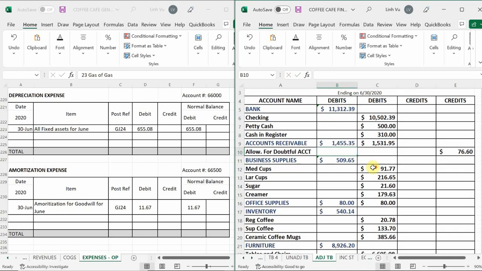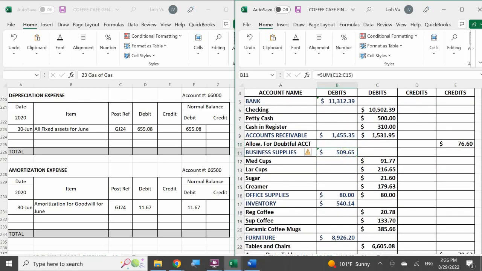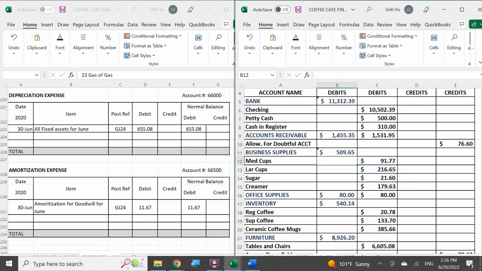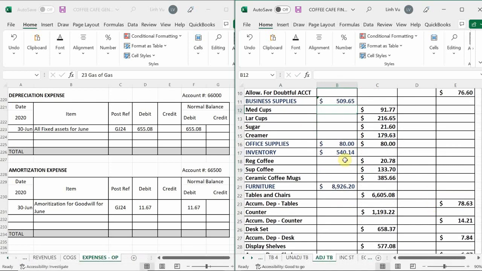This is equal to my medium, large, sugar, and creamer account. Okay. This should be equal to my supplies. This should equal to my regular, supreme, and coffee mugs.